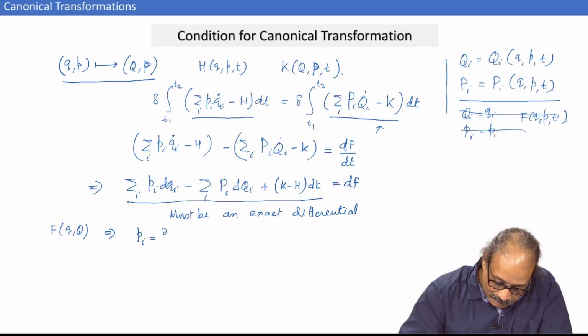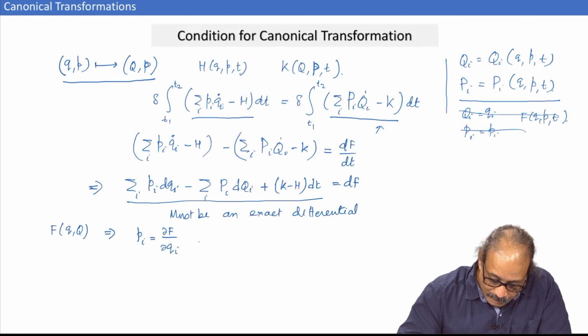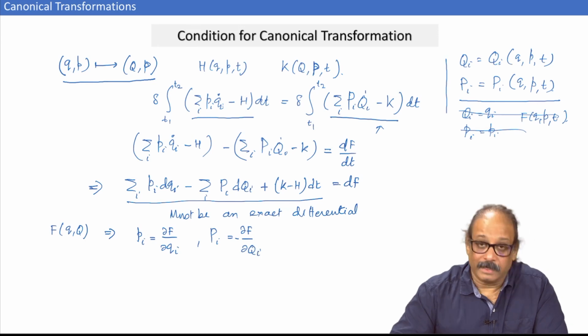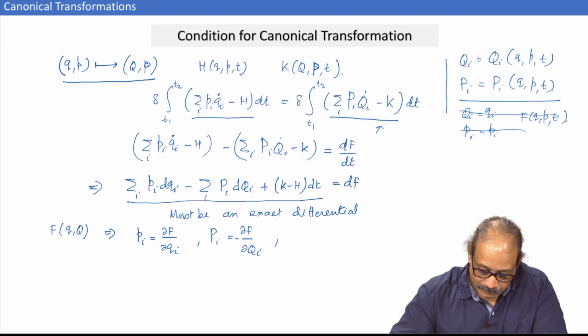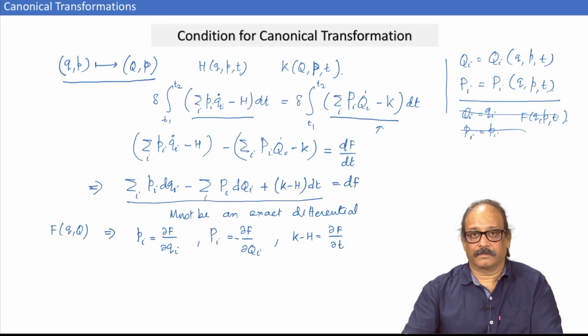Pi is nothing but the partial derivative of F with respect to qi. And what is capital Pi? Capital Pi can be written as minus partial F by partial Qi. And also K minus H is equal to the partial derivative with respect to t.